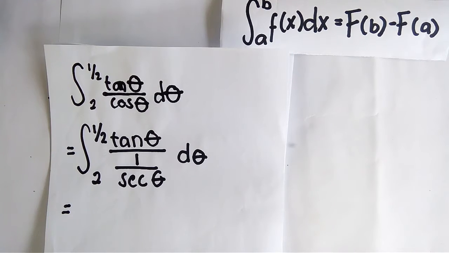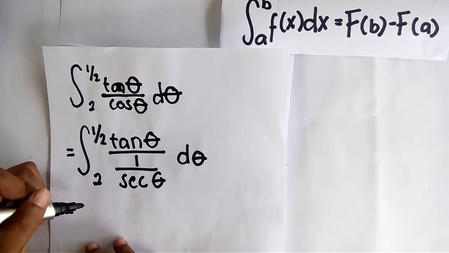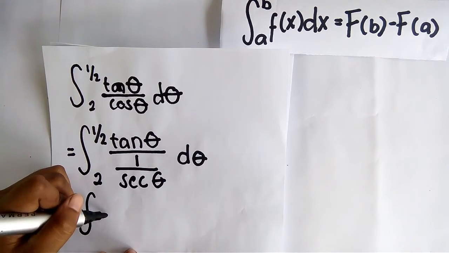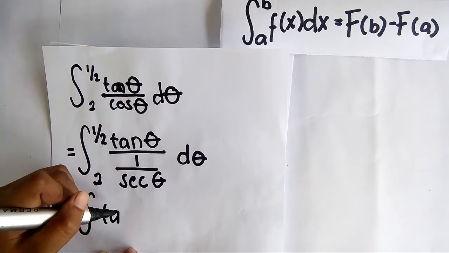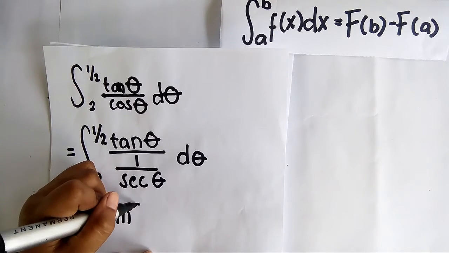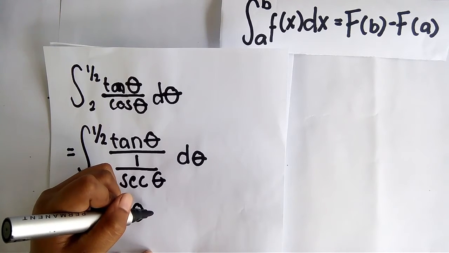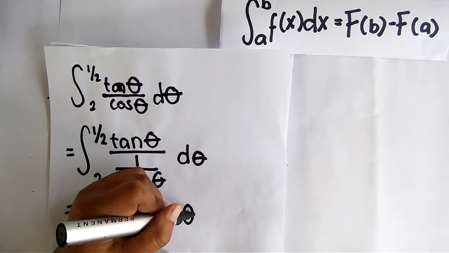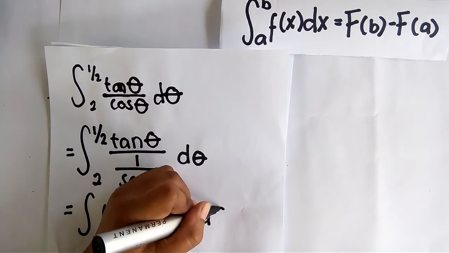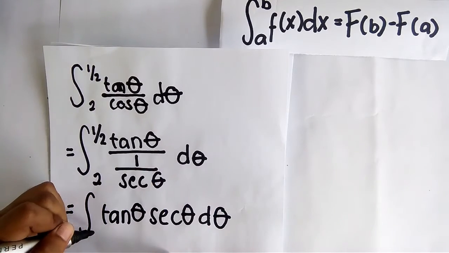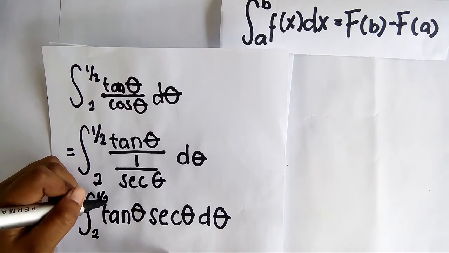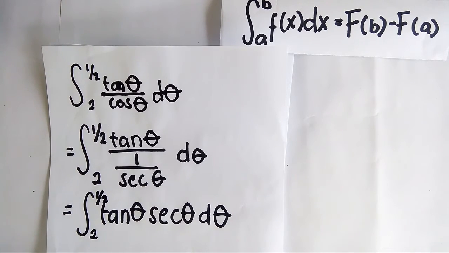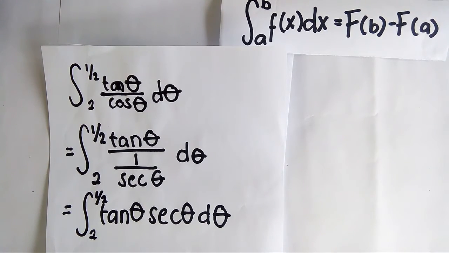So we have to multiply it. So we have integral of tan theta secant theta d theta from 2 to 1/2.